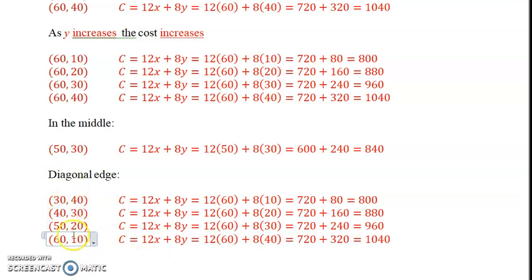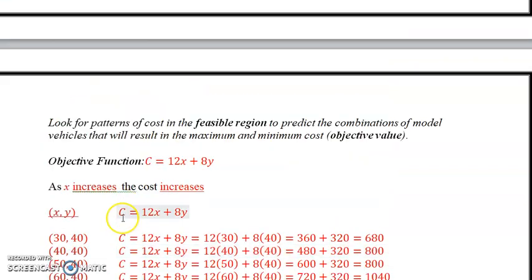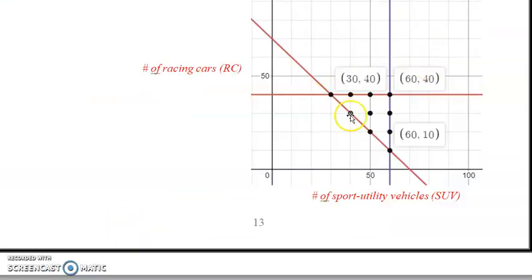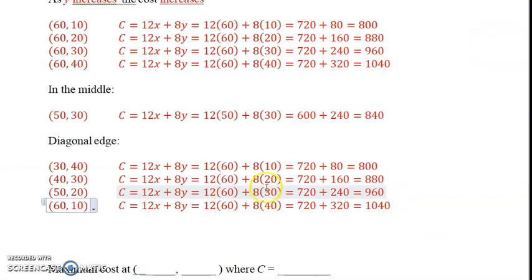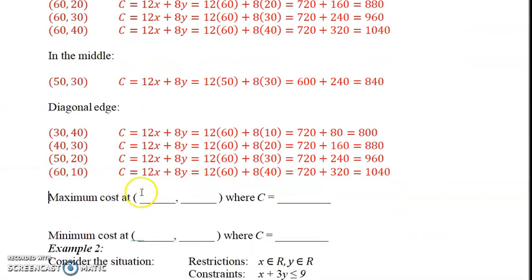So those were the 4 coordinates on the diagonal edge of the triangle of the feasible region. Now let's put those values in. This is a 30. That's 40. So that makes that 360 plus 320, which makes it 680. My bad.